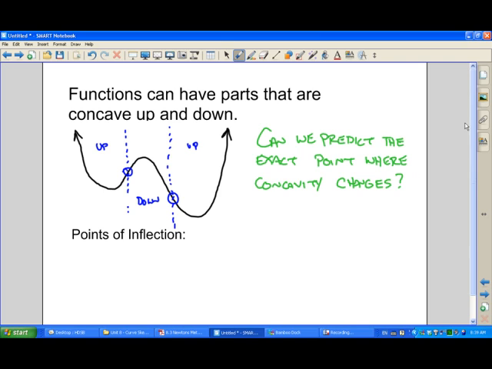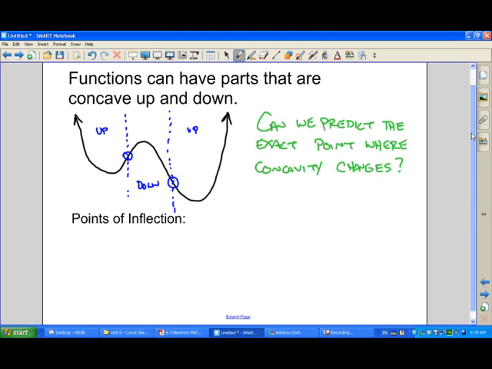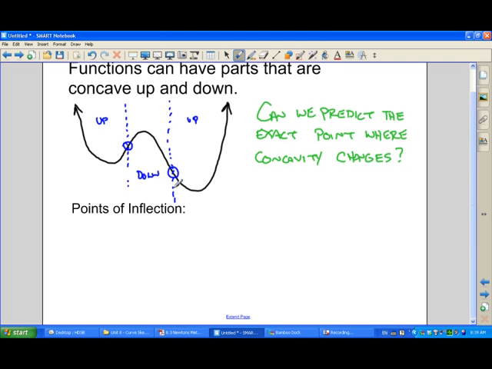And the answer is yes. We can find where a function changes concavity, and those changes in concavity are called points of inflection. Points of inflection are the points where a function changes concavity.